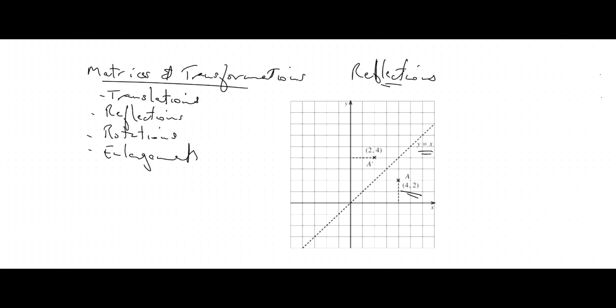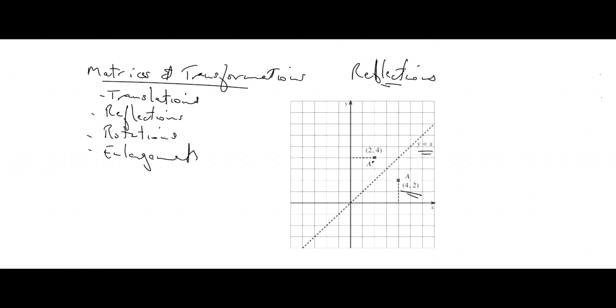We want to reflect this point A in this line, as though the line is a mirror, and get this point, A prime, the image of A. You can see that if you were to reflect (4, 2) in this line, you'll get (2, 4).